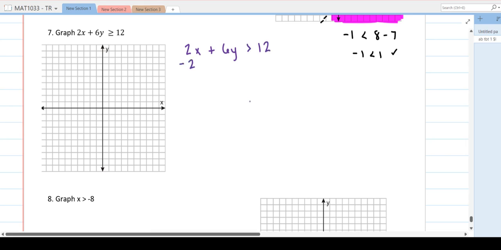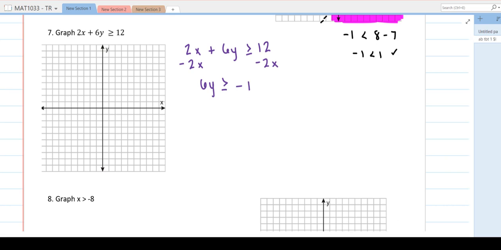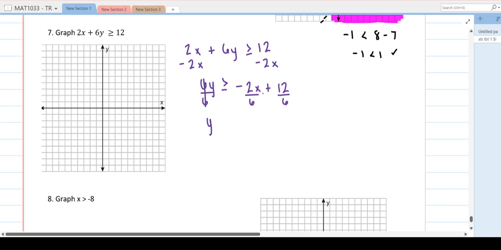We subtract 2x from both sides and get 6y is greater than or equal to negative 2x plus 12. Then we divide everything by 6. These are going to cancel. I get y is greater than or equal to negative 1/3 x plus 2.